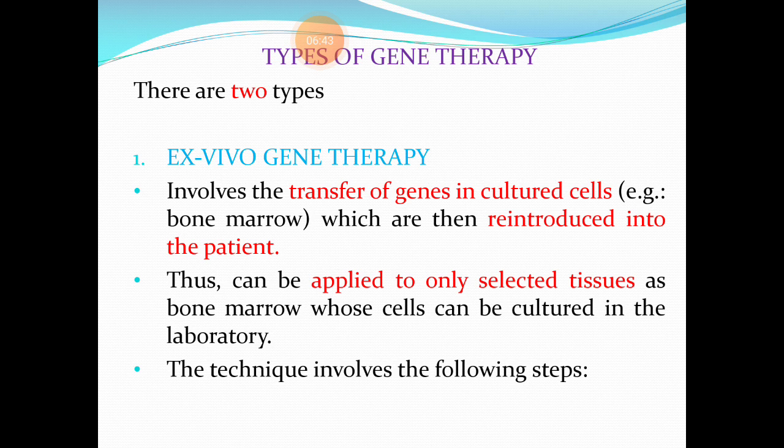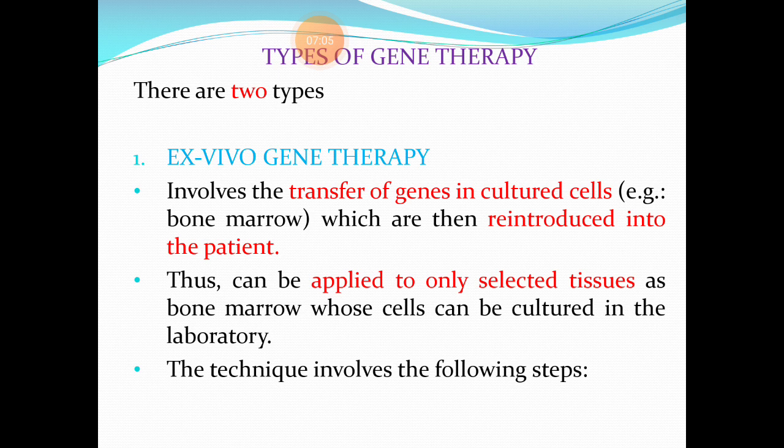Ex vivo gene therapy involves transfer of genes into cultured cells like bone marrow, and these cultured bone marrow cells are reintroduced back into the patient. So this happens outside the body of the patient.